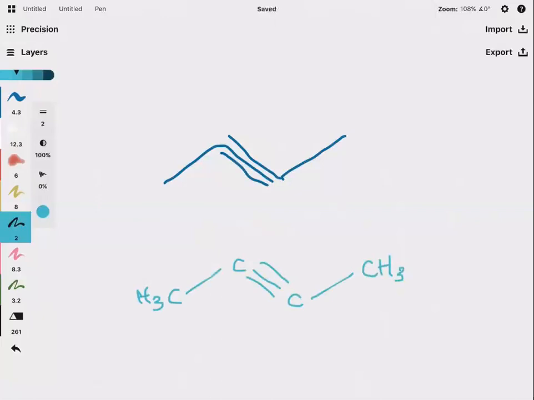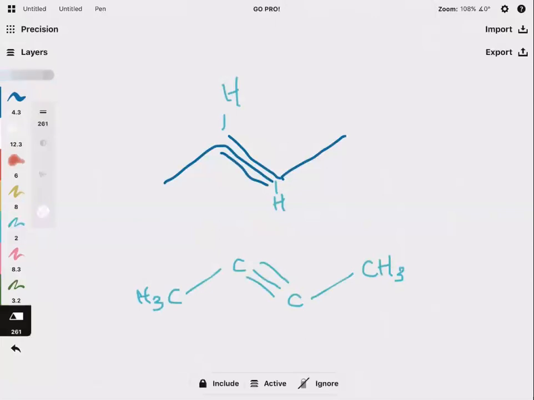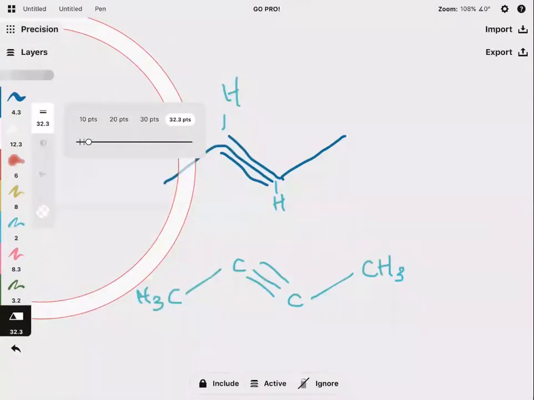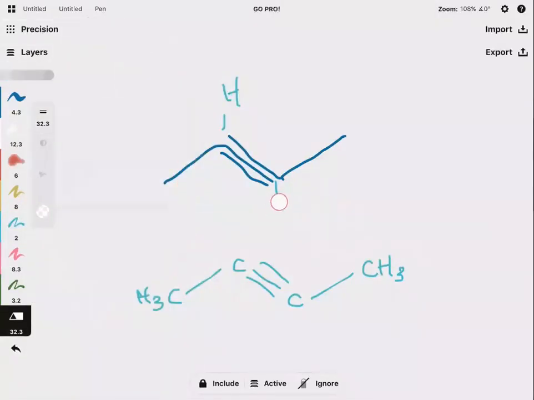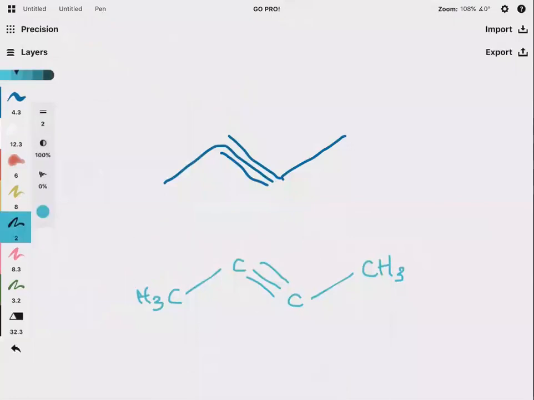So are there any H's off of these carbons right here? So hopefully you were able to identify that no, there are no H's, because the 2 carbons that are participating in the triple bond already have all 4 of their electrons participating in bonds.